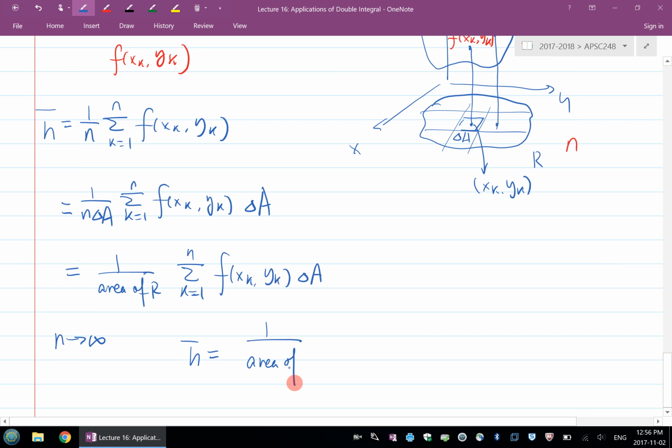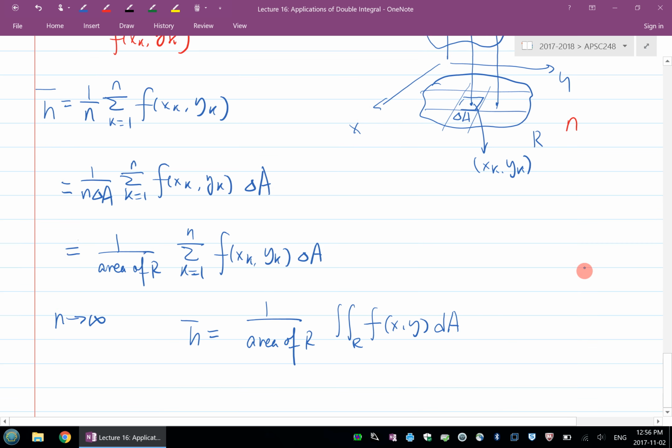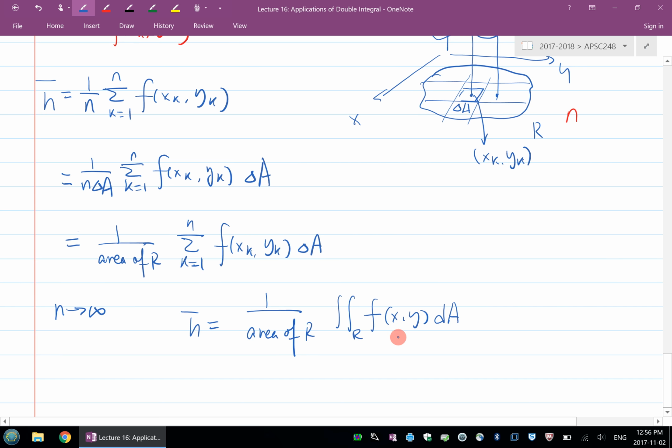This summation sign will become a double integral, and the delta sign will become a straight d, the differential area. So this is basically the so-called average value of the function f over the region R.